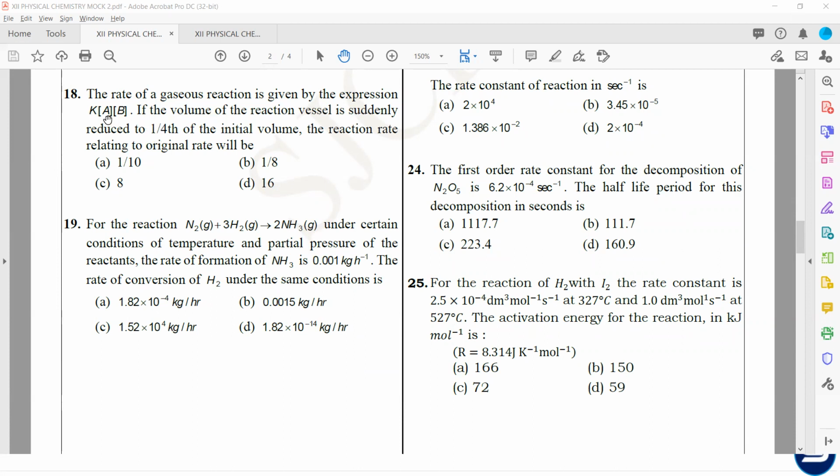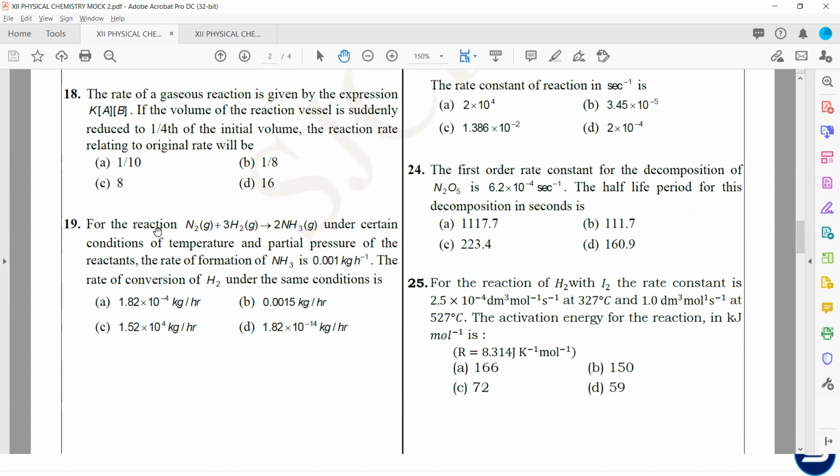And if concentration increases 4 times for A as well as B, the rate will increase by 4 into 4, which is equal to 16. Had it been A square and B raised to 1, then the answer would be 64. 4 cubed, that is 64.